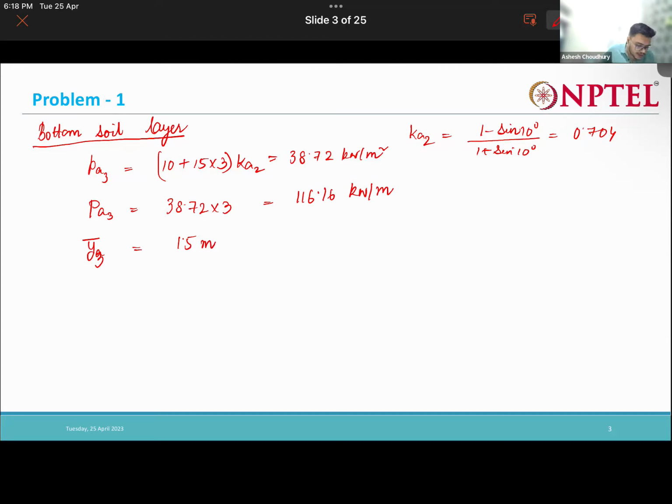Right, done. Now there is some cohesion in the soil also, right? So let us take into consideration the effect of cohesion, so minus 2c root over Ka2, that term will come, right?